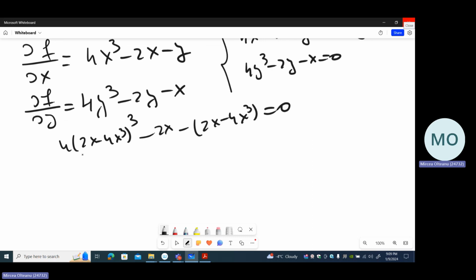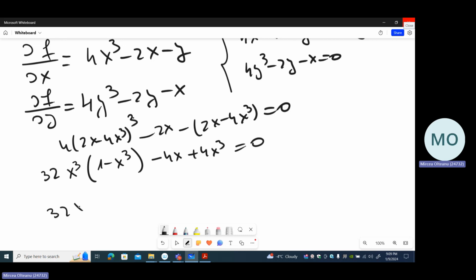Here we take a common factor 2x. So it will be 2^3, it's 8, 32x^3 times (1 minus x^3) minus 4x plus 4x^3 equals 0.